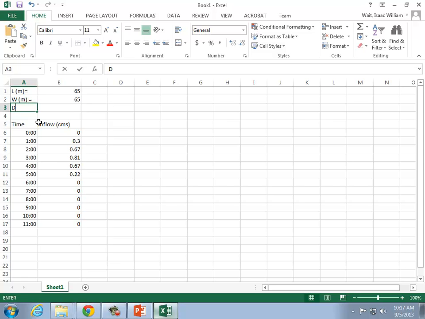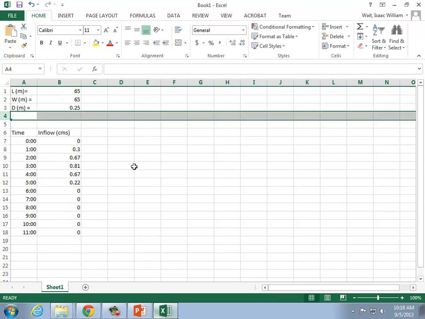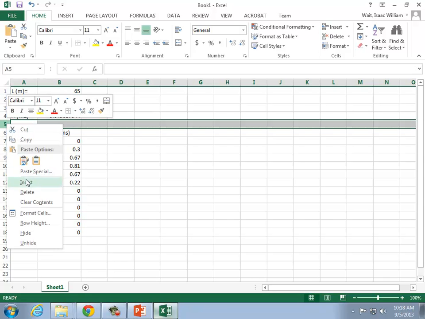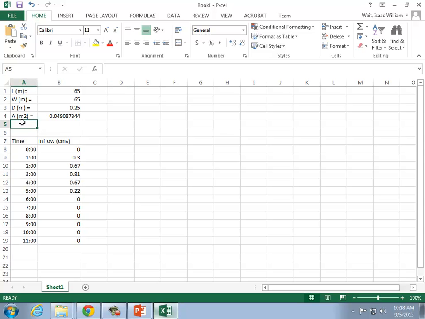Okay, so diameter of the pipe is 0.25 meters. From that, I'll calculate the area of the pipe. It's equals 3.14159 pi d squared divided by 4. And the C sub D is 0.59.